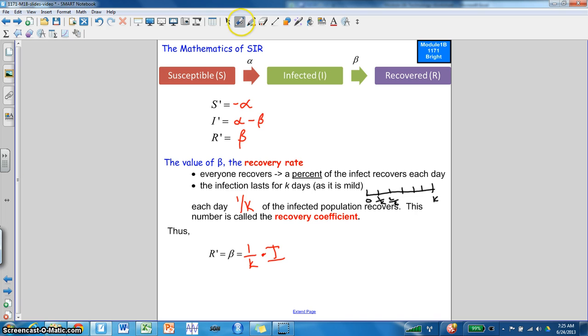Now what we'll see eventually is that instead of writing 1 over k, we like to write it as b I. In essence, b, which is our recovery coefficient, is equal to 1 over k. This is just so we can do it in line text. We don't have to insert a fraction bar and make it look all different. We can just write it as bI. That's the recovery rate.